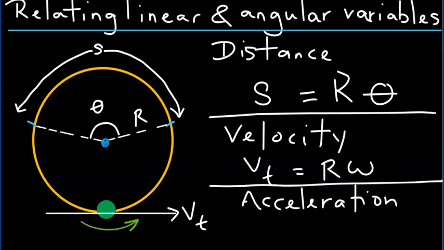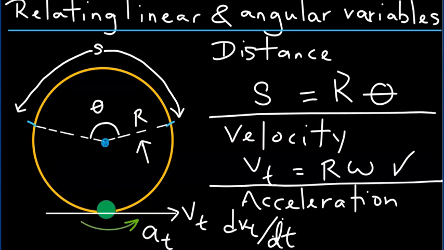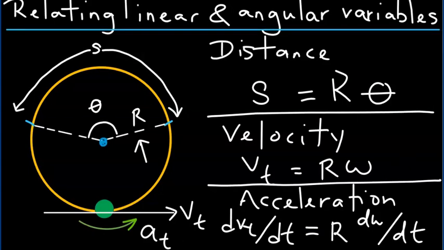The last pair of variables that we want to relate are the linear and angular acceleration. Now assume that this tangential velocity is increasing or decreasing with respect to time. So there must be a tangential acceleration as well. How do we obtain that tangential acceleration, and how do we relate that to angular acceleration alpha that we have seen before? When we differentiate the velocity equation with respect to time, we get dv_t/dt equals r d omega/dt.